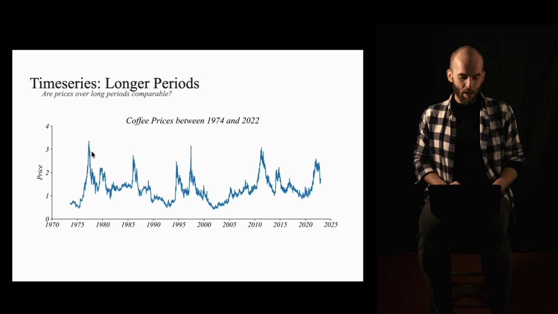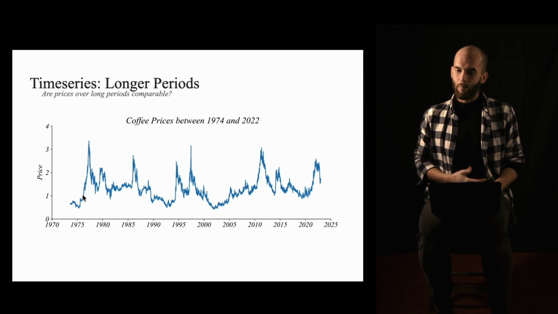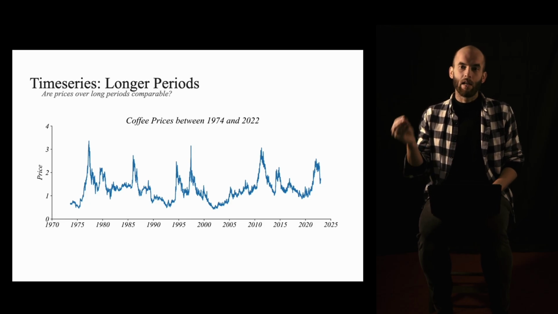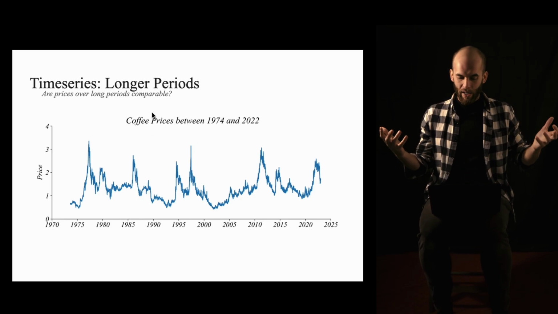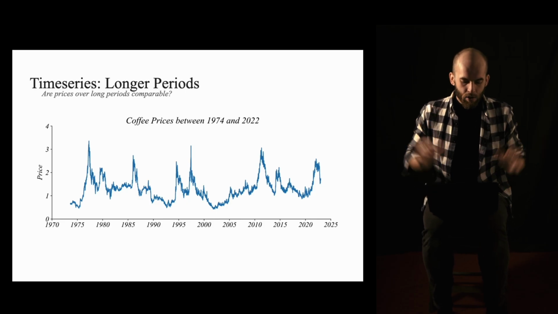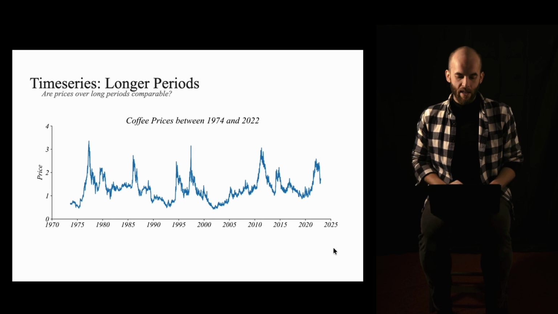And one thing with time series that we want to be careful with, particularly when we're dealing with prices, which is a pretty common thing in economics, is to make sure prices are comparable over long periods. So when you're looking at this figure, is there anything big that stands out?